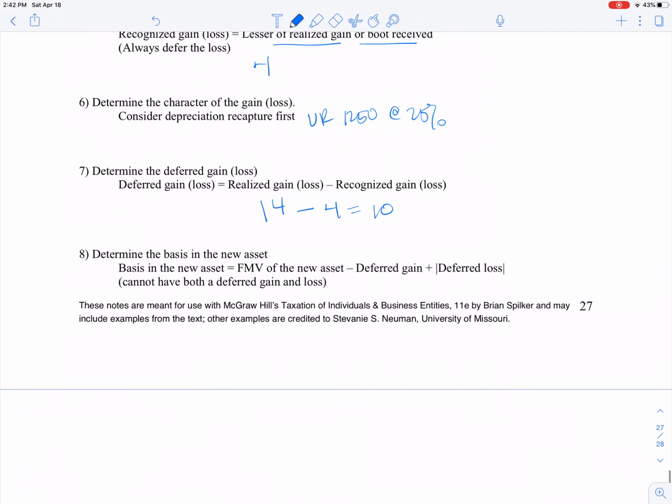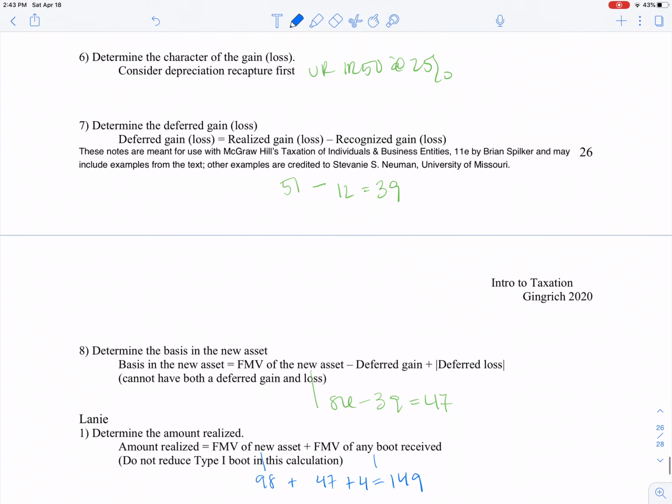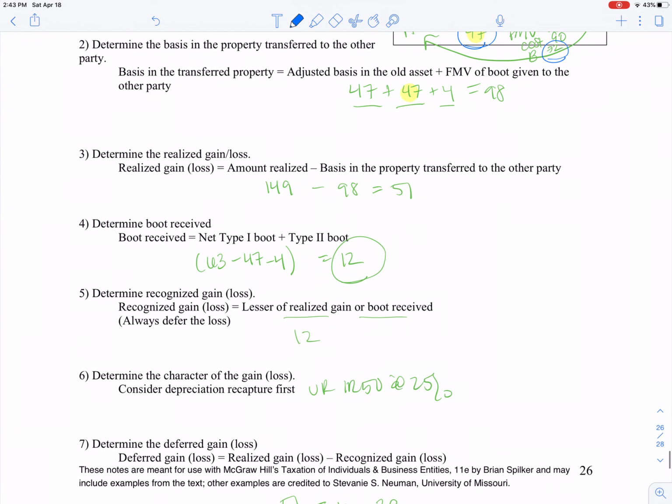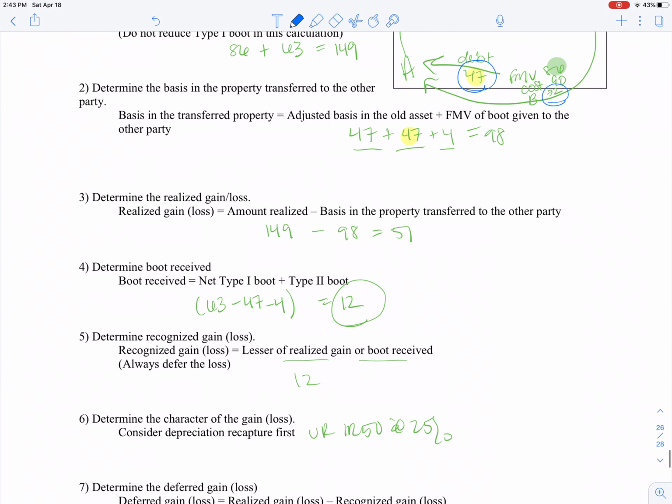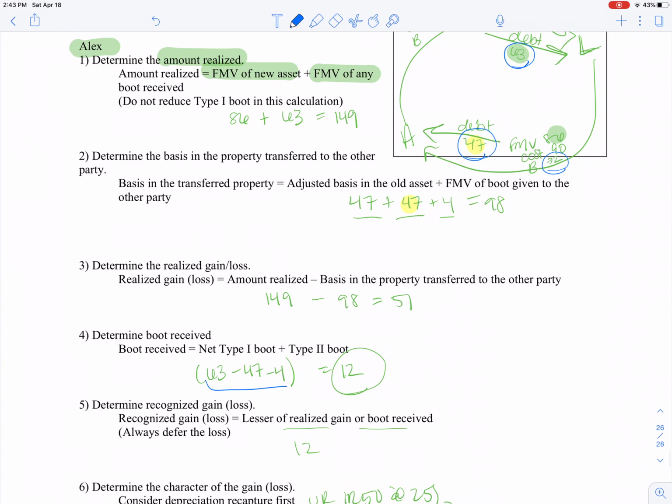Our basis in the new asset then is the fair market value of the new asset, 98, minus the deferred gain, or 88. I would make sure you're taking another couple of looks at these problems, especially when we're netting the type 1 boot. When we look at the type 1 boot received that we're netting here, we had this outcome.